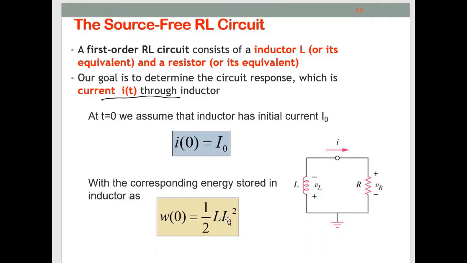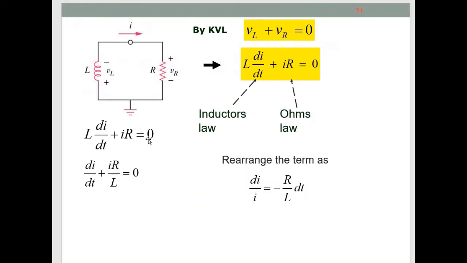And this I is the initial energy, initial current, so it is symbolized as I0. Based on this basic circuit of RL, we can use KVL: positive VL plus positive VR equals 0, or actually you can transform it into L di over dt plus iR.